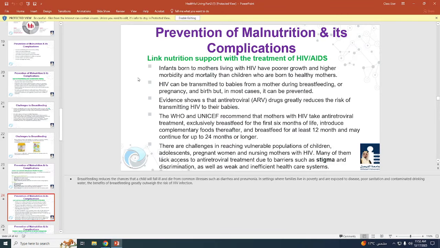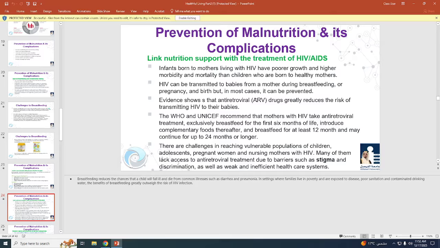HIV, how is it related to malnutrition? If we treat a pregnant woman with HIV, then we will have healthier babies. What is the recommendation regarding a woman who has HIV?